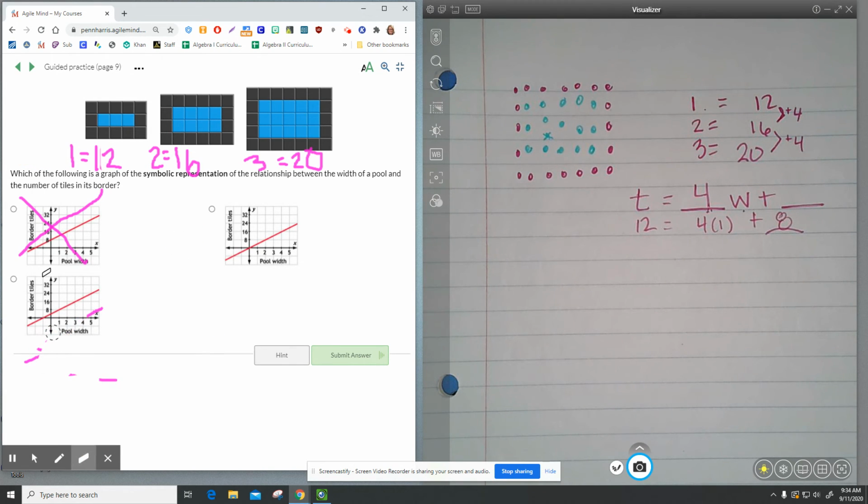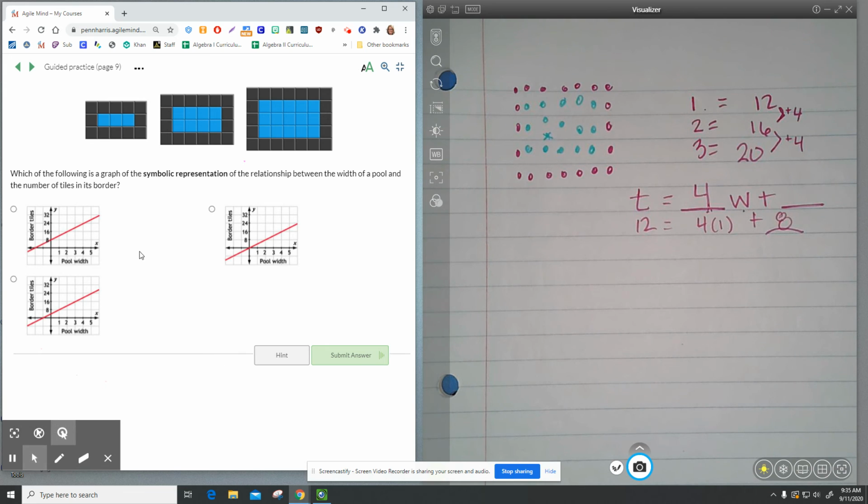And there's no good way to erase this, so be patient with me here. Okay, so now this time, they want to see a symbolic relationship, which I don't know why they're saying a symbolic, because symbolic is a table, not a graph, but we'll still go with this.